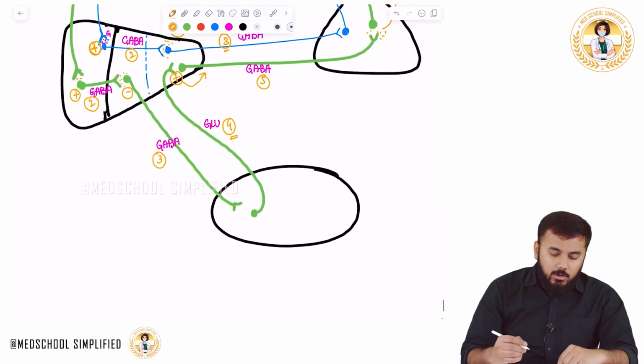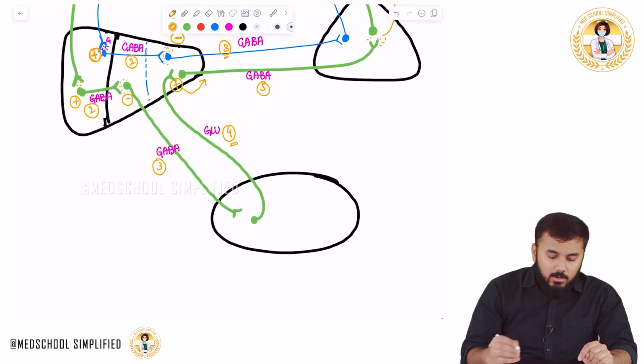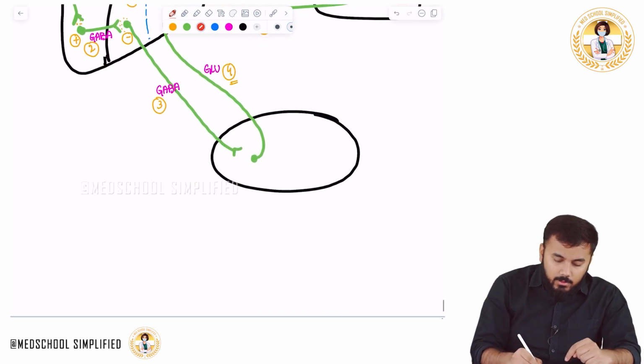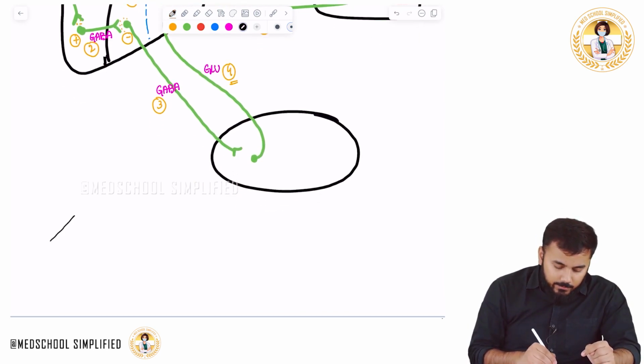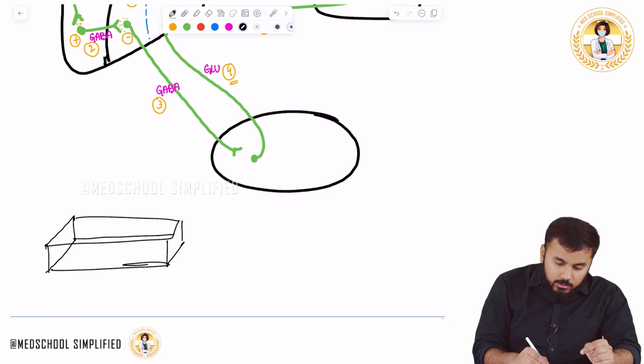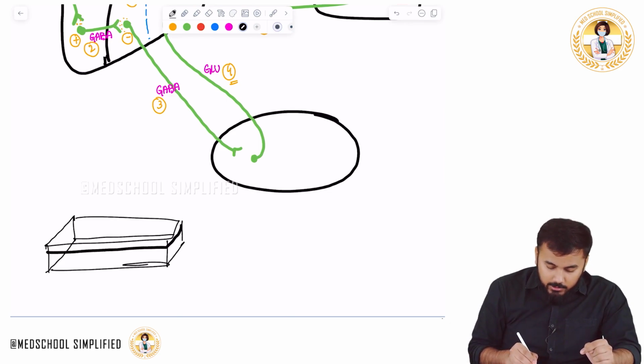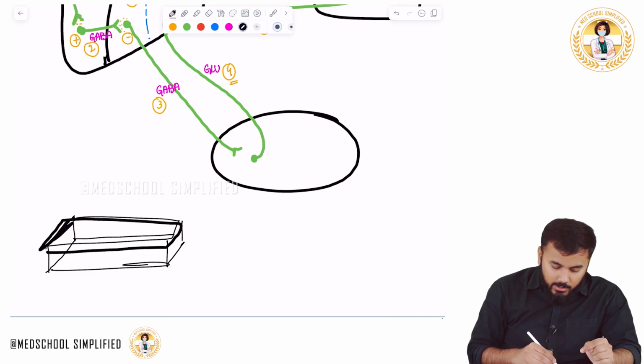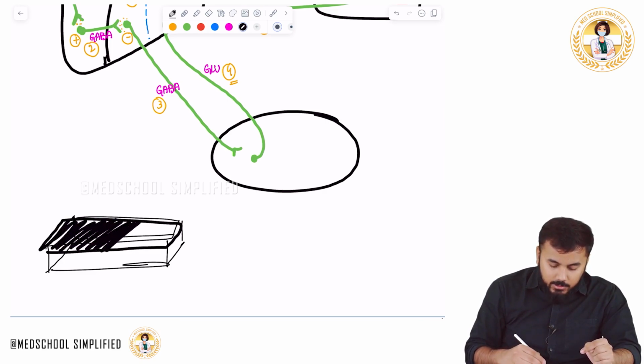Okay. Now just look at these neurons over here. What is happening? Let us say that this particular structure, whatever I am drawing right now here, right? So see this particular structure, whatever I'm highlighting over here, is your black substance.